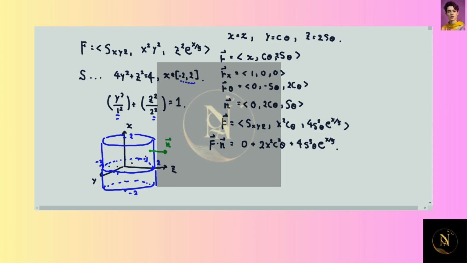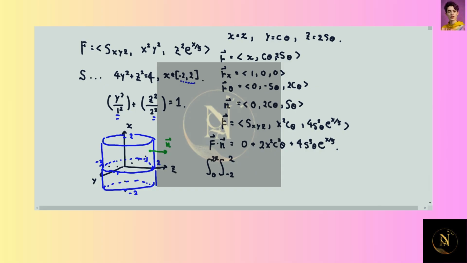Now moving on to the integration. The value of theta changes from 0 to 2 pi because we're using the entire angle, one entire revolution, 0 to 2 pi, and x changes from negative 2 to 2, and that would be good enough.